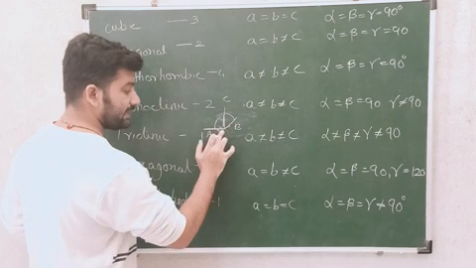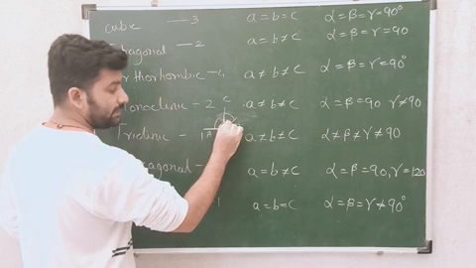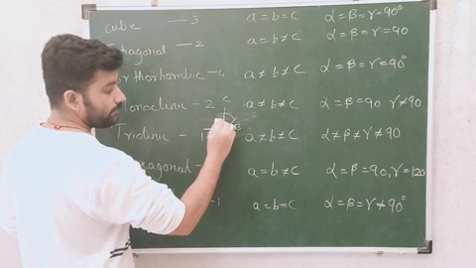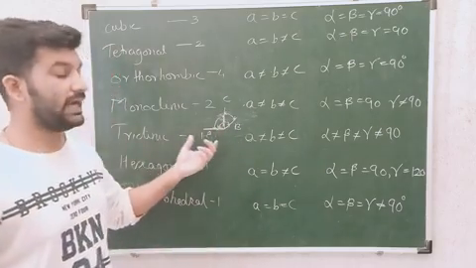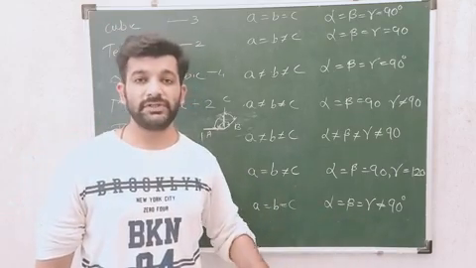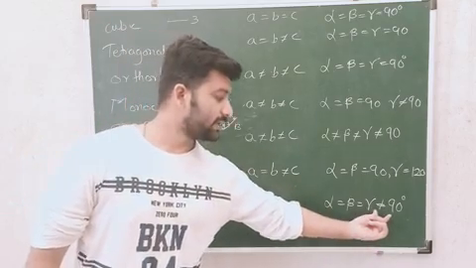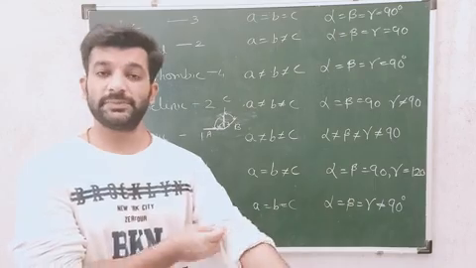This angle is not the exterior angle, it should be the interior angle. So the angles between AB, AC and BC are equal but not equal to 90. This is the meaning of the notation which I have written over here. You can find many different examples based on that.